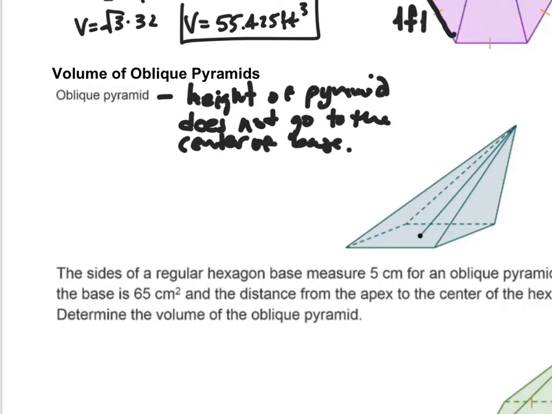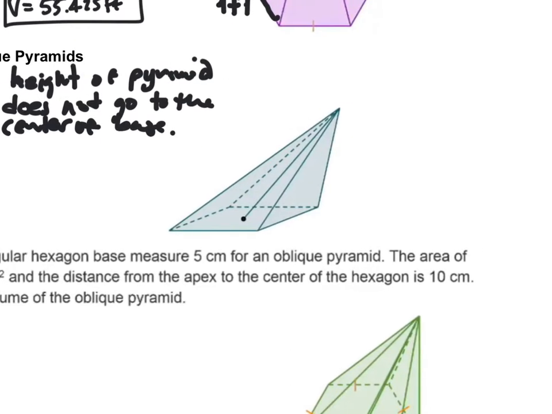Okay, so the height is still that perpendicular distance from the apex down to the base. It's still going to be perpendicular to this. Okay, so this is your height.